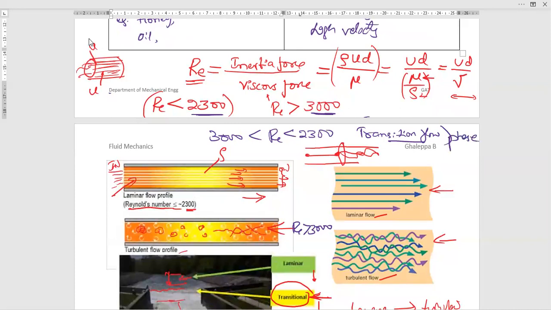Some books also use the word transition phase. In the transition phase, the fluid is converting from laminar to turbulent. That is between 2300 and 3000. If the Reynolds number is in the range of 2300 to 3000, then we call it the transition phase or transition flow, or converting laminar flow to turbulent flow.